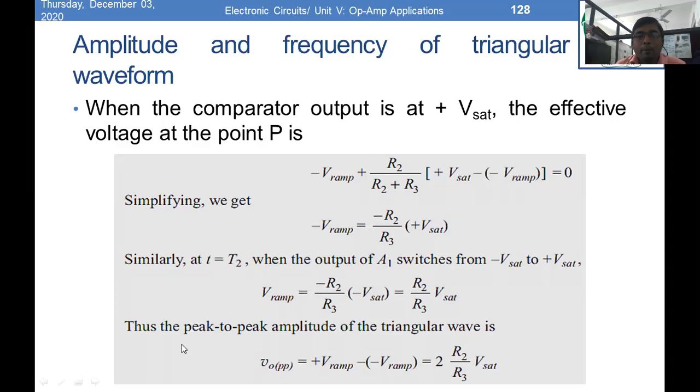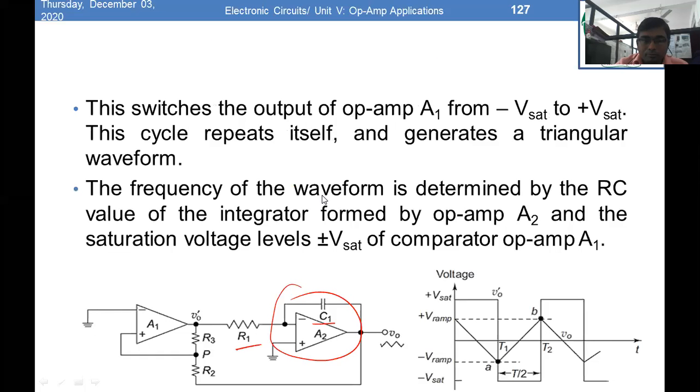You will find that when the comparator output is at plus Vsat, the effective voltage at the point P is minus Vref. Remember the circuit: when it is at plus Vsat, the voltage at P is R2 upon R2 plus R3 times Vsat, this terminal voltage, minus Vref, this terminal voltage, plus the voltage at the output of A2, that is minus Vref.